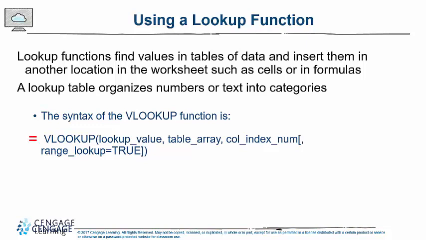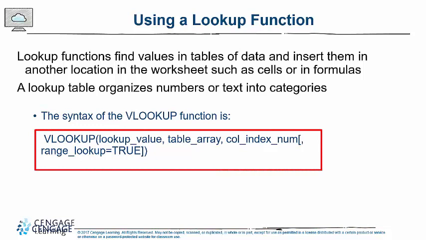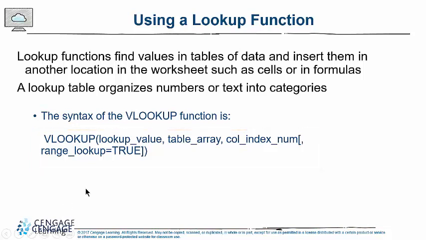We would use an equal sign in front of VLOOKUP, and then in the parentheses, the lookup value, the table, and the column index. If we're doing an exact match of value, then the range lookup is set to false. Let's take a look at this being used in Mod 3.